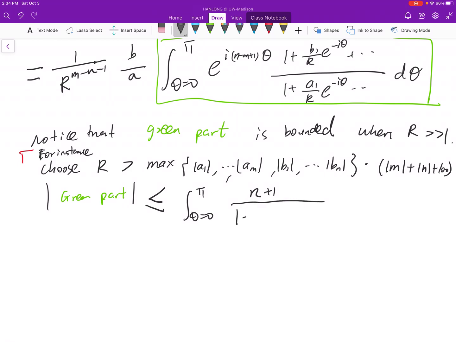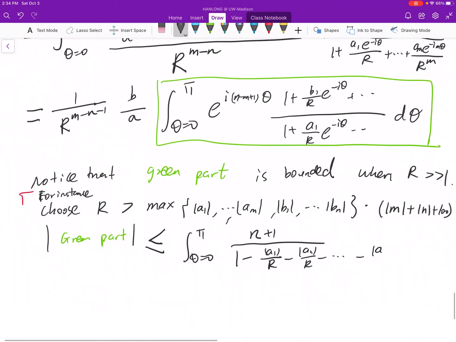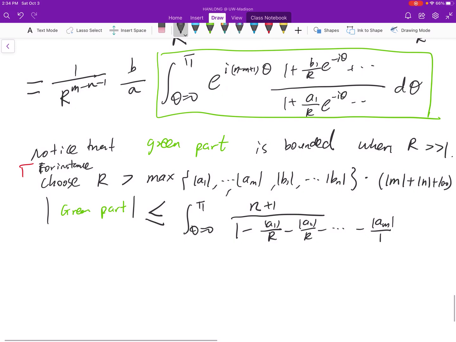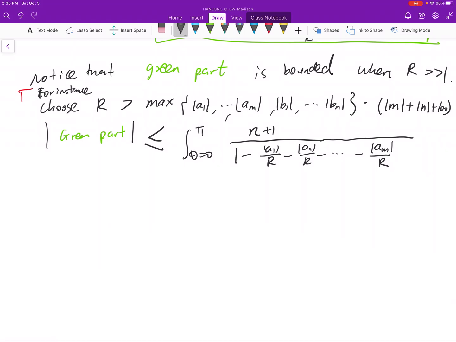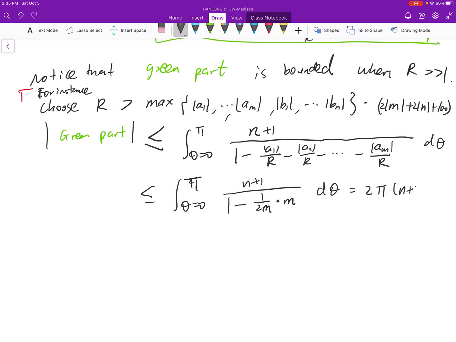And for the denominator, it is greater than 1 minus the norm of a1 divided by r minus the norm of a2 divided by r, up to minus the norm of am divided by r, and then by the assumption r greater than 2m plus 100, this will be less than the integral of theta from 0 to pi of n plus 1 divided by 1 minus 1 over 2m times m d theta, which is bounded by 2 pi times n plus 1.